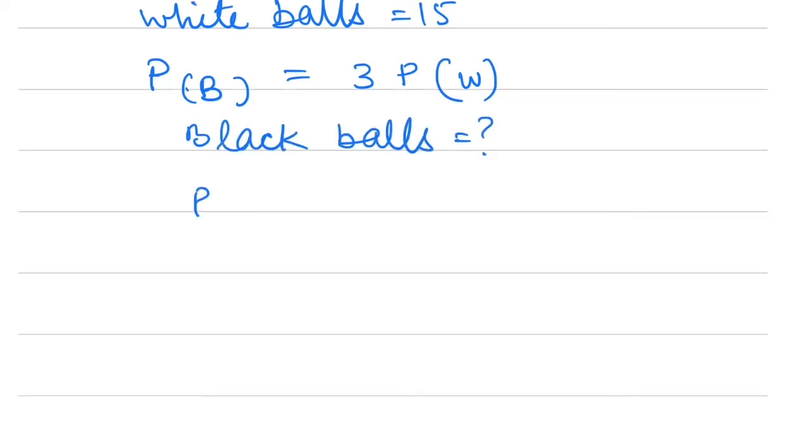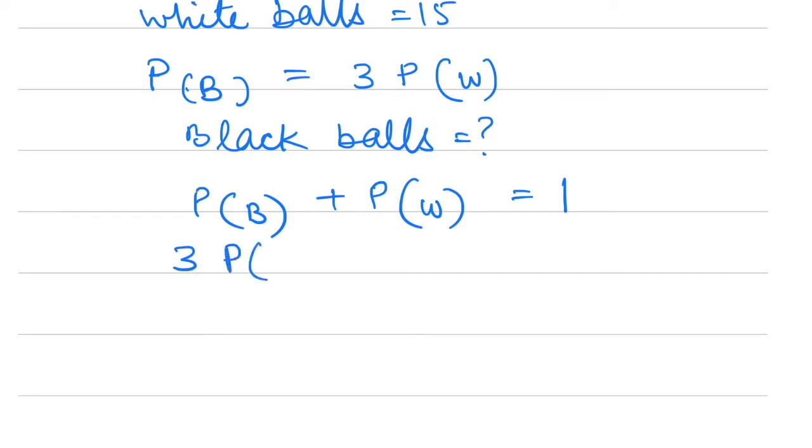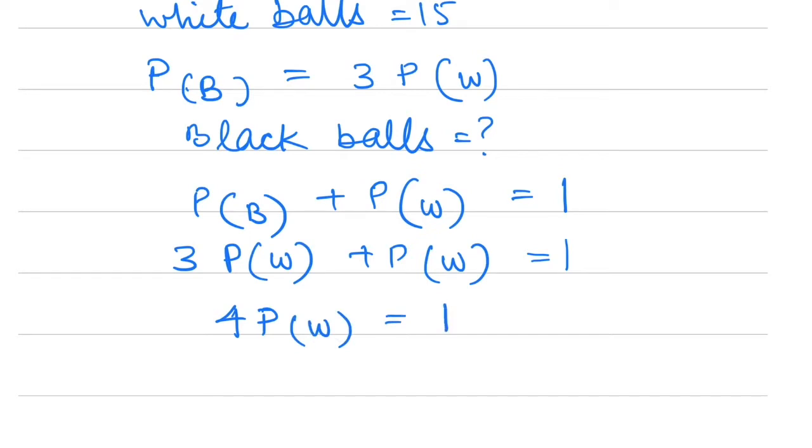So we know probability of black balls plus probability of white balls is equal to 1, and probability of black balls I can substitute as 3 times the probability of white balls plus probability of white balls is equal to 1. 4 times the probability of white balls is equal to 1. So probability of white balls is equal to 1 by 4.